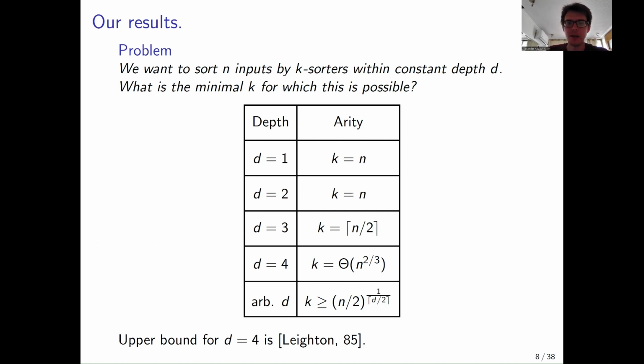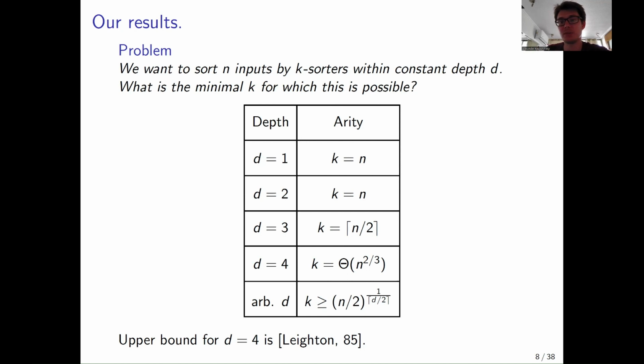It turns out that the same situation holds for d equals 2. Even if you can have two layers, two steps of your algorithm, you cannot sort all n inputs at unit cost; you can only sort a number smaller than n.